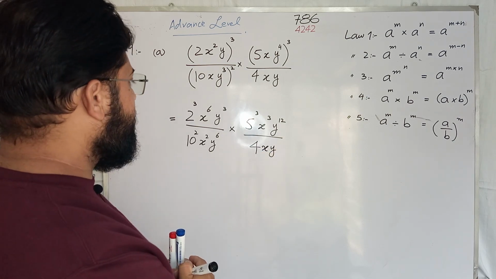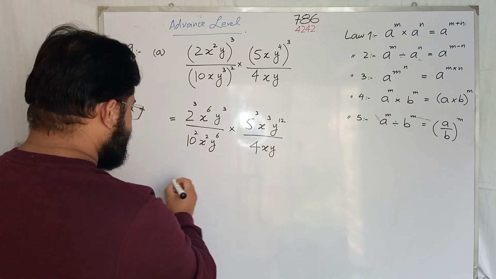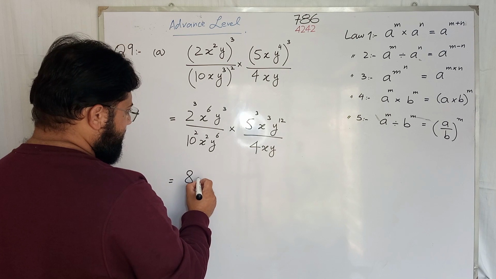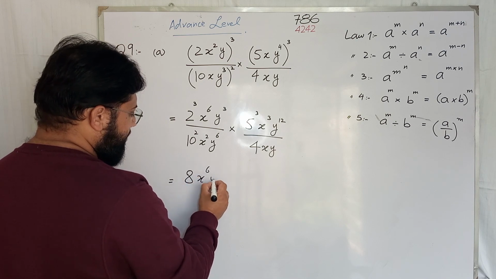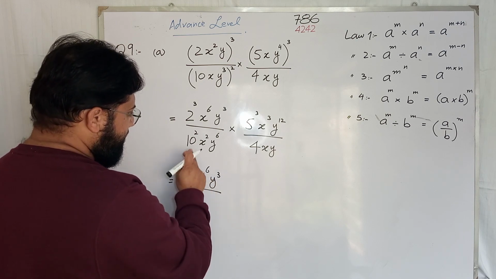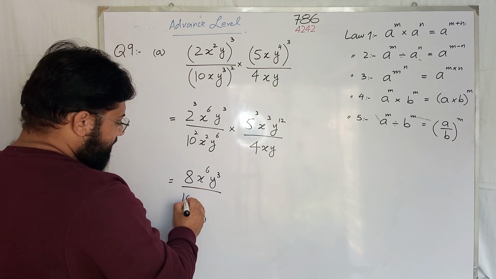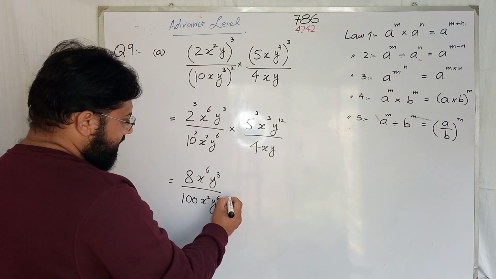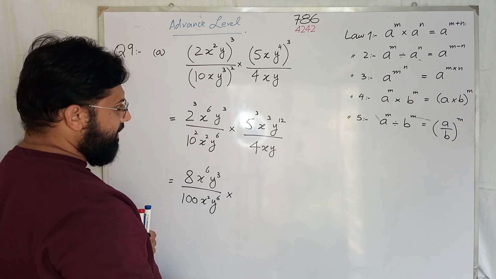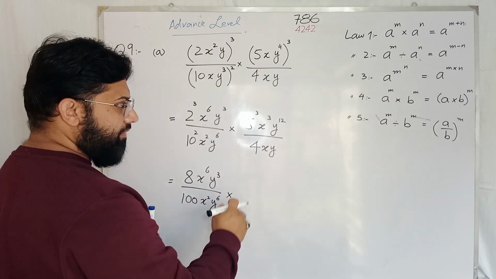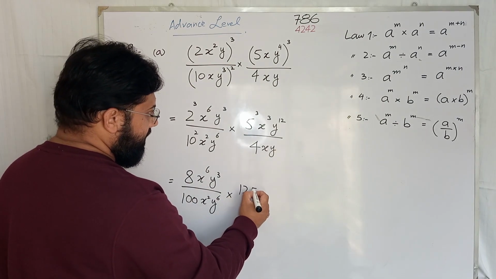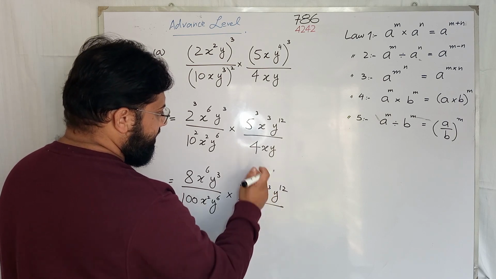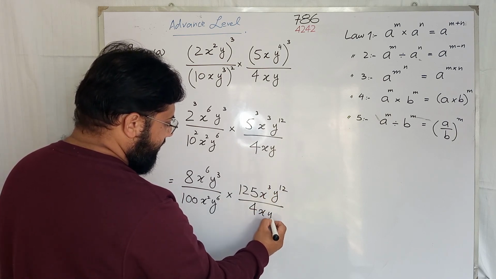Right. Next, 2³ means 8, x⁶, y³ divided by 10² means 100, x², y⁶ multiply by 5³ means 5 into 5 into 5, 125, x³ y¹² divided by 4xy.